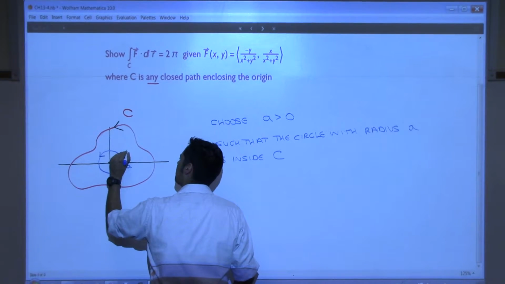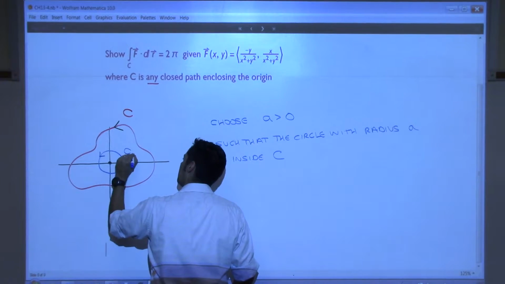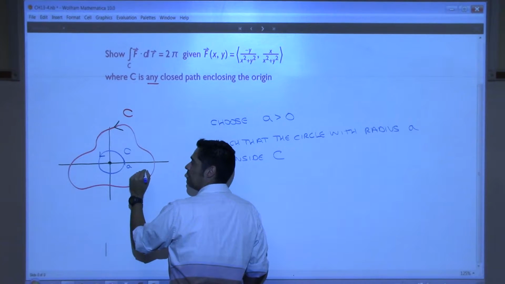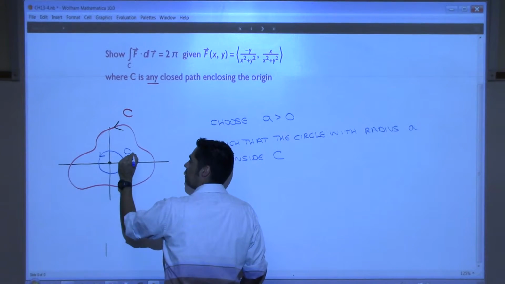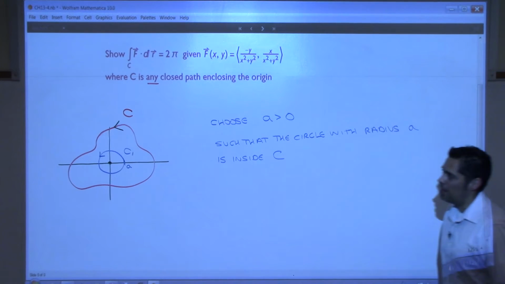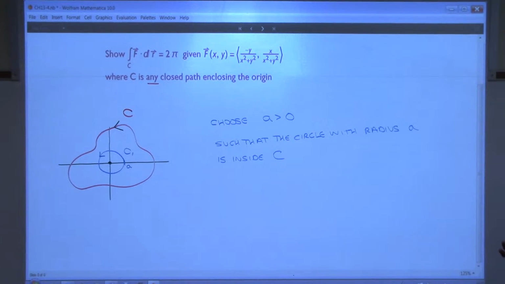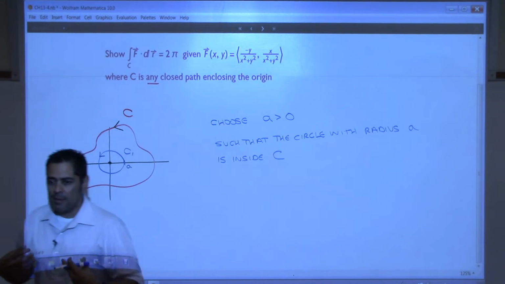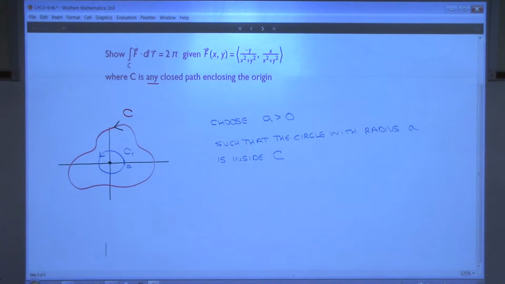And I'm going to call this C1, or C sub A, what do you want? C1? I heard C sub 1 first. Is that okay? So C is the big one that we started the problem with. It's an arbitrary curve, and I'm constructing a smaller circle inside that curve. With me?